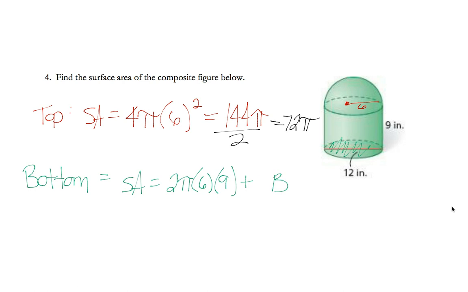So I'm going to add in 1b, which is pi r squared. And since we know what r is, technically that's just pi 6 squared. So that's 9 times 6, which is 54, times 2, which is 108 pi, plus another, so this is 108 pi, this is another 36 pi.